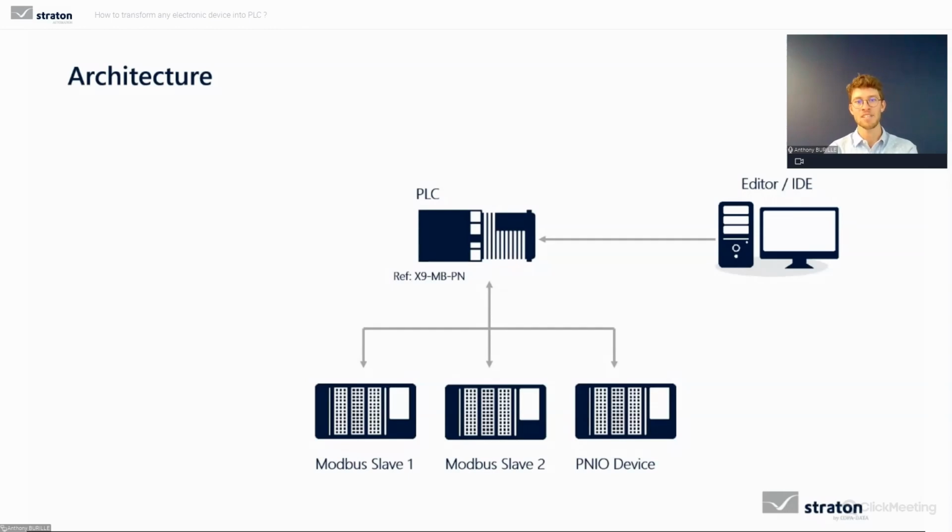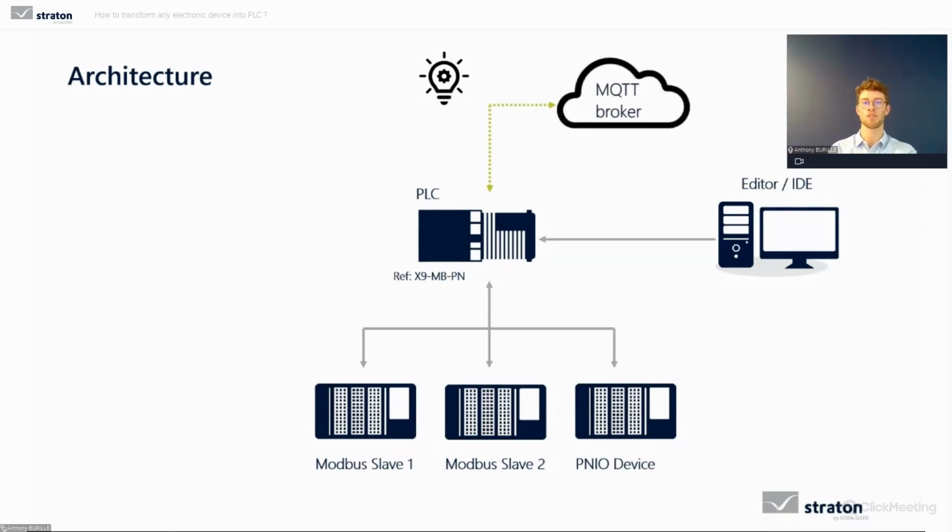Okay. Now you just have an idea or a request from your final customer. You need to send this data recovered from the Modbus and Profinet devices to the cloud. You need to send it to an MQTT broker. But you check your PLC's datasheet and you see that unfortunately this is not possible. It does not have this functionality.